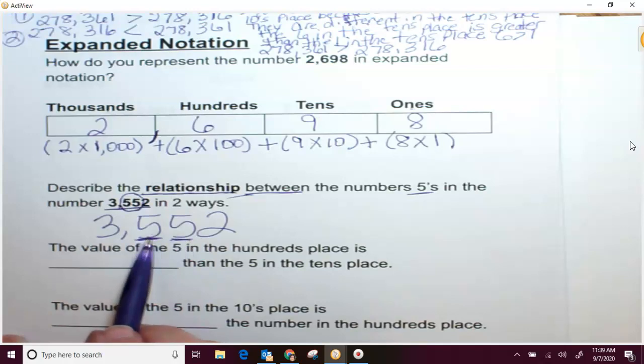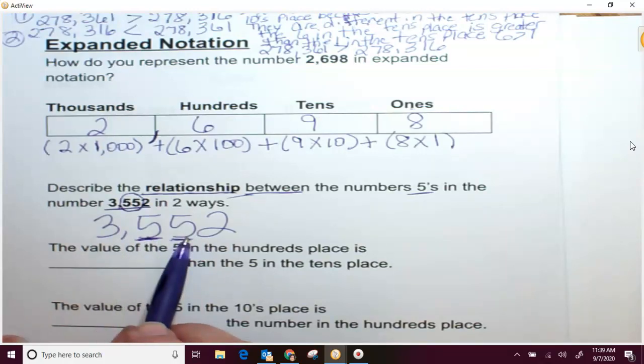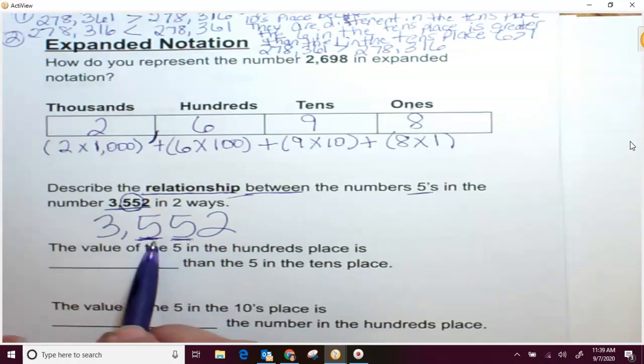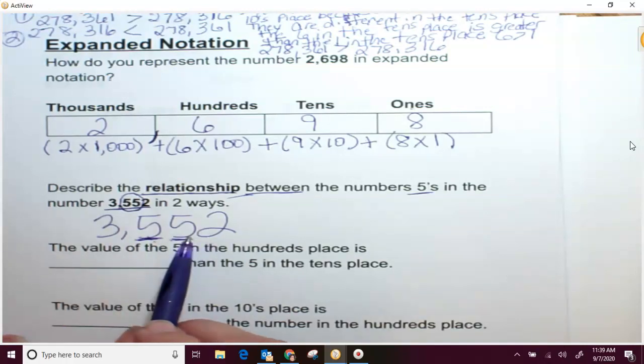Well, how many times does it take the 5 in the tens column to get to 500? You have to multiply it by 10. 5, which is 50, 50 times 10 will give you 500.